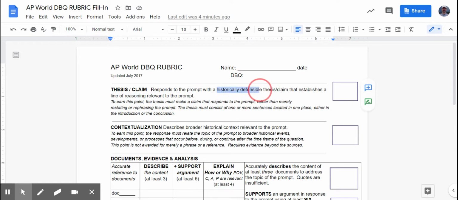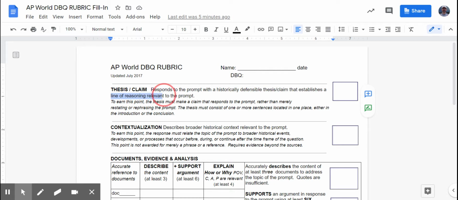A historically defensible thesis. If you have built your essay on 3 or 4 historical statements that are supported by evidence, and if you have taken key phrases from each of those body paragraph historical statements and included those in your thesis, then you will have a historically defensible thesis.